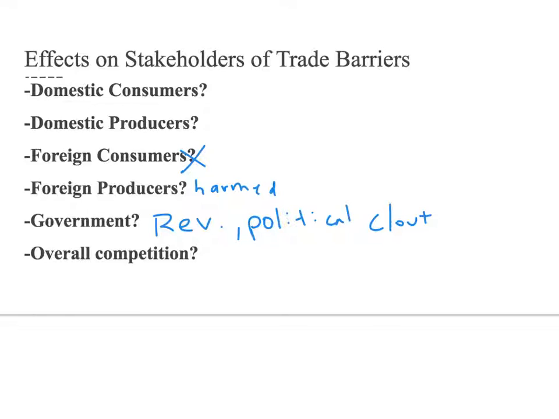But I'm just going to assume no retaliation in trade barriers, so we're just going to leave that. Domestic producers are much happier because they're going to be able to sell more products in either case and be more competitive. Domestic consumers are going to be less happy because they're, for the most part, paying a higher price and getting a lesser quantity to choose from, less competition.